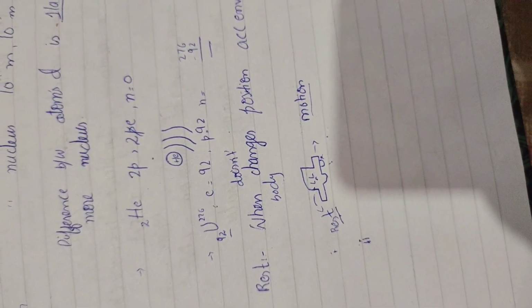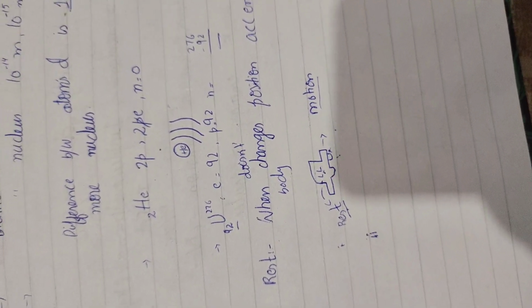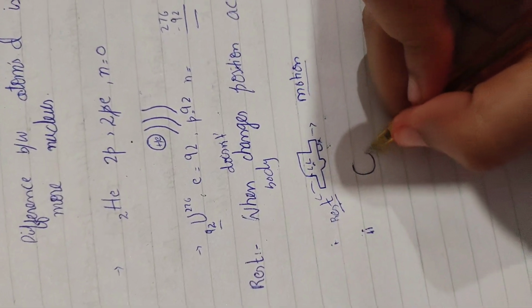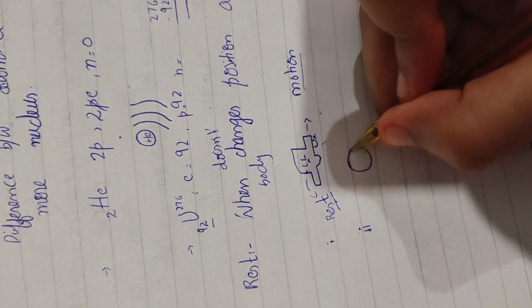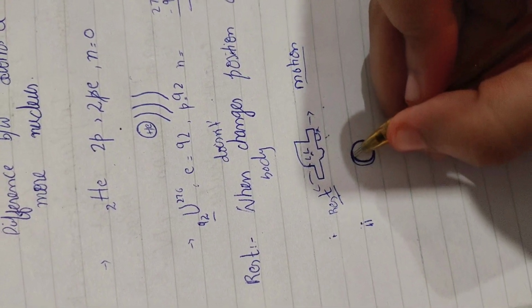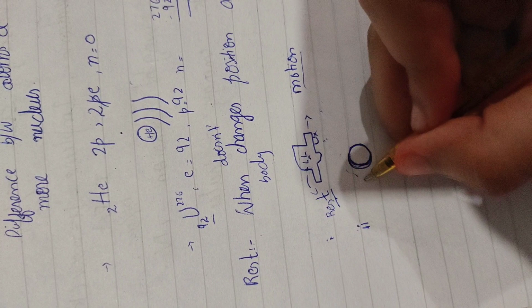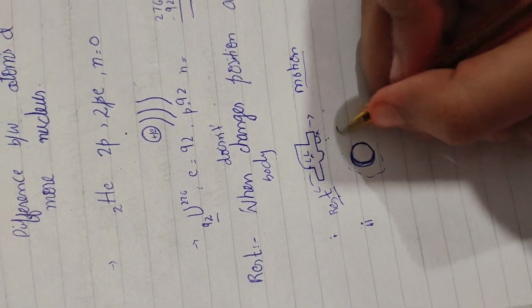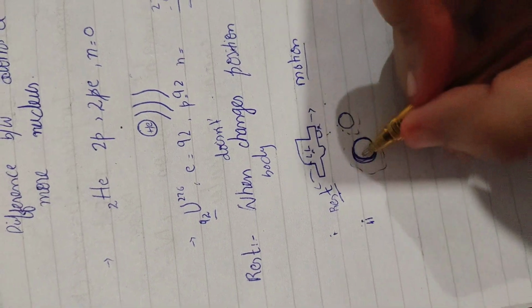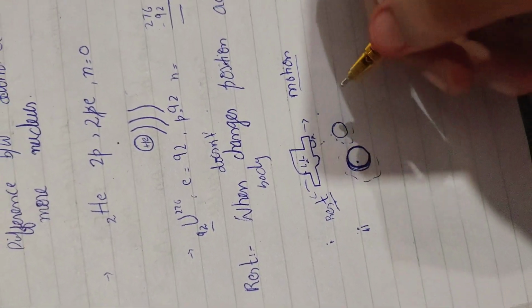For example, this earth is moving. We are on this earth, and this earth is moving around the sun. So is the earth in motion or at rest?